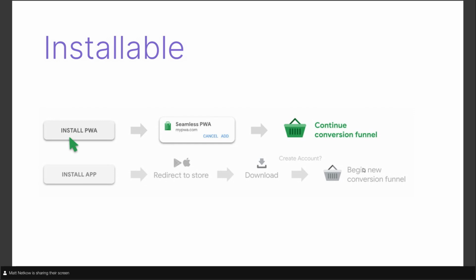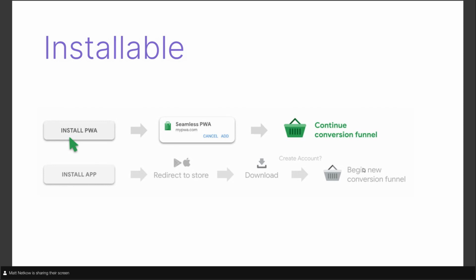A user would come to your website and be prompted to install the native app instead. That takes them and redirects them to the app stores, where they have to download a large native app, right? And then enter the app, maybe create an account or log in, and then hopefully get back to whatever they were trying to do, right?